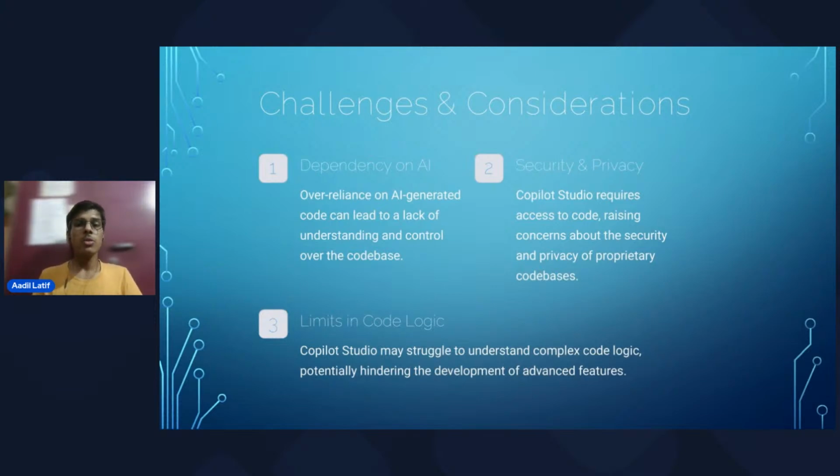So we need to be vigilant in evaluating and checking the suggestions, or we may need to refactor or rewrite portions of the code. Because if we totally give a prompt to Copilot Studio and totally copy that, it is not a good thing for us, because we will not be using our brain, so it will lead to a lack of problem solving skill.